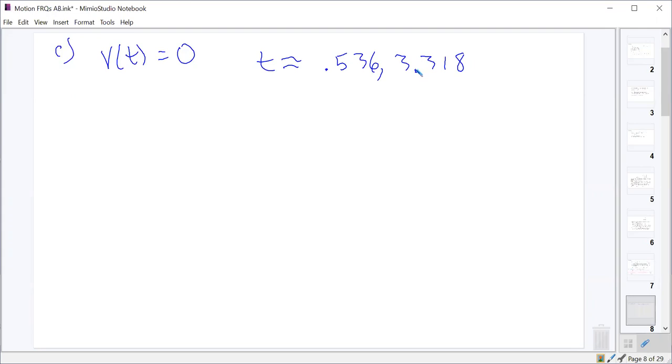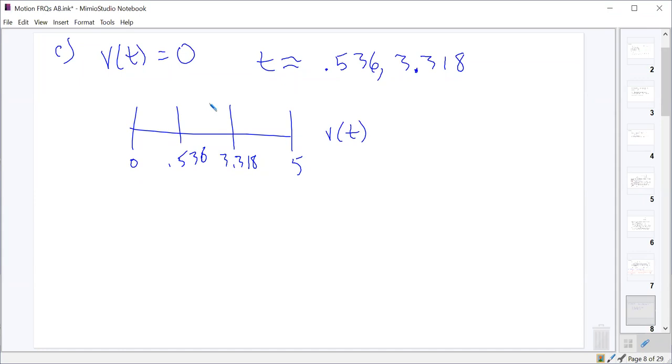And you can either make yourself a sign chart and say, here is 0, here is 5, here is 0.536, here's 3.318. And you can look at the graph of your velocity and determine when velocity is positive and when velocity is negative by just plugging in the values into it, or just look at the graph and see when it's above the x-axis or below the x-axis.